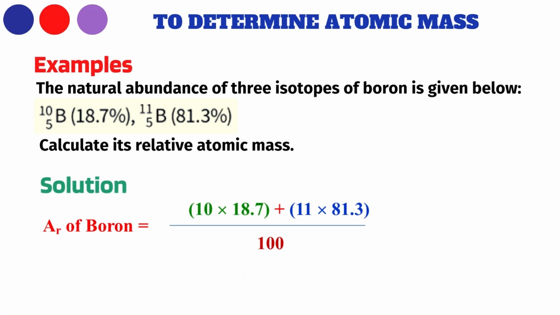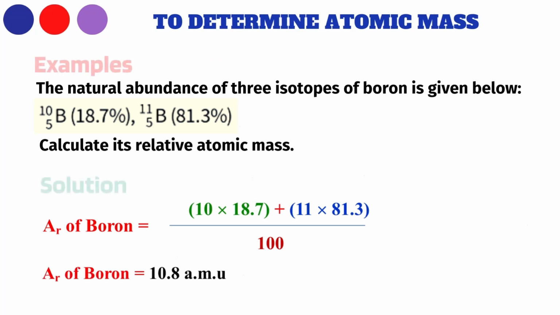The method is similar: we multiply the isotopic mass with the natural abundance of each isotope, then add the figures and finally divide by 100. So the relative atomic mass of boron is 10.8 AMU, but in your syllabus it is simply written as 11.